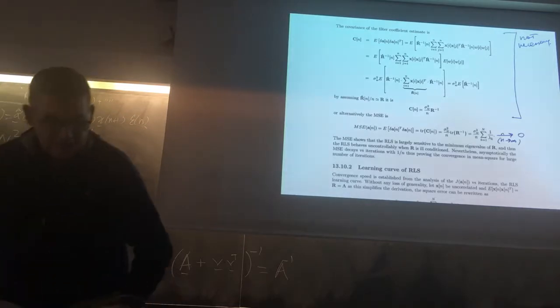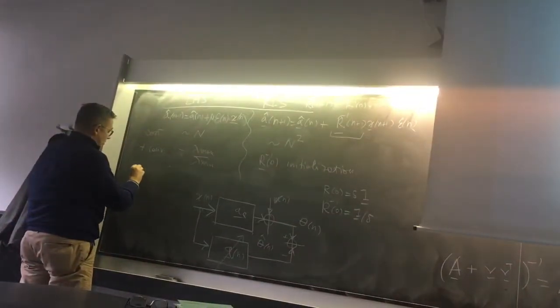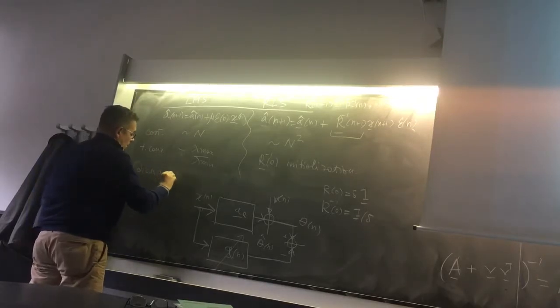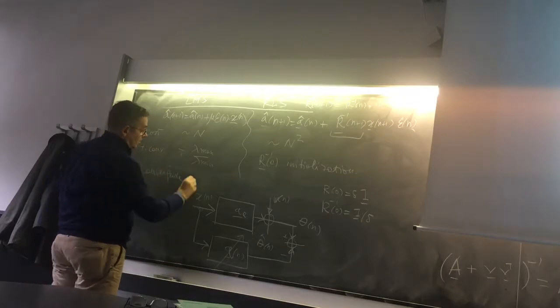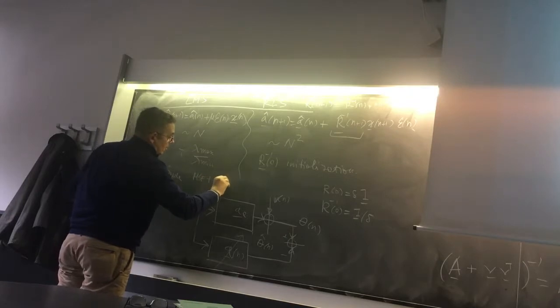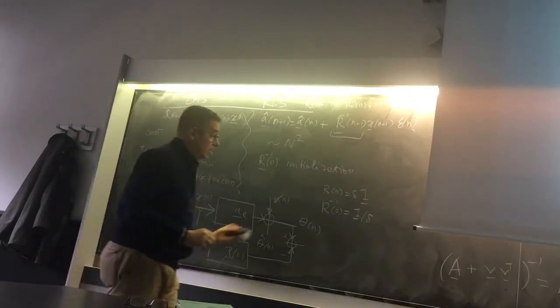So let's add an additional item to our plot. Now this one is the initialization, and at convergence we have the mean square error plus excess.